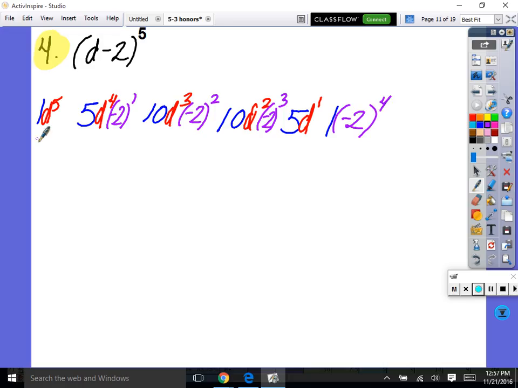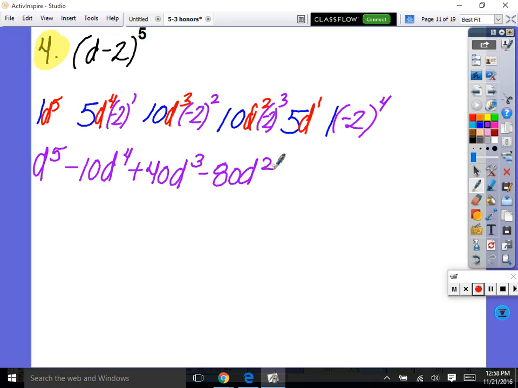Simplifying: positive d to the 5th. Negative 2 to the first is negative 2, negative 2 times 5 is negative 10, so negative 10 d to the 4th. Negative 2 squared is positive 4, 4 times 10 is positive 40. Negative 2 cubed is negative 8, negative 8 times 10 is negative 80. Oh, sorry, I squished them together.